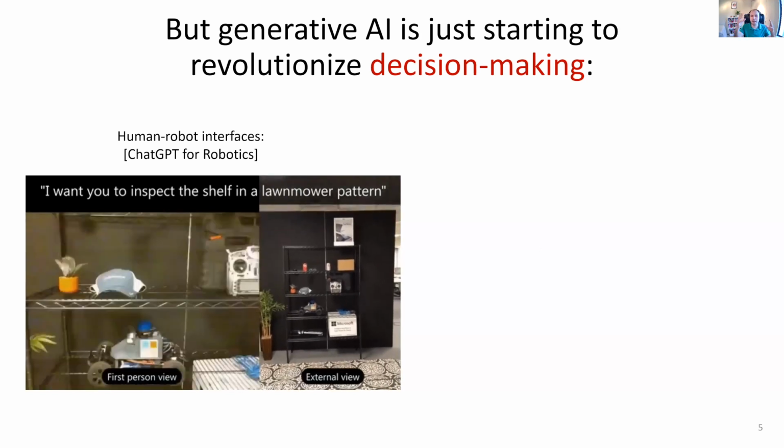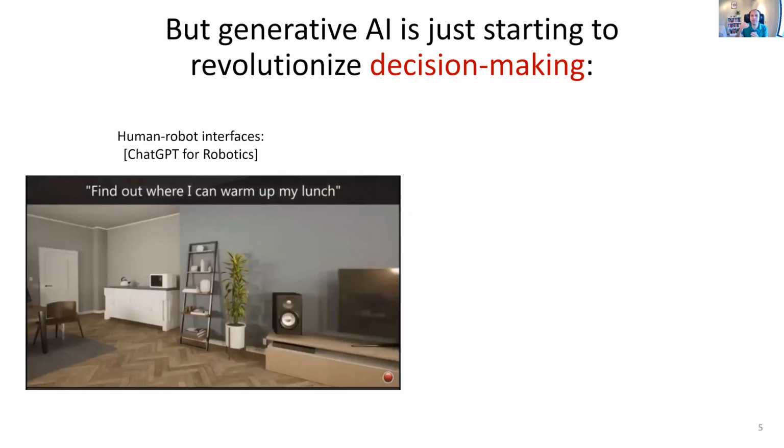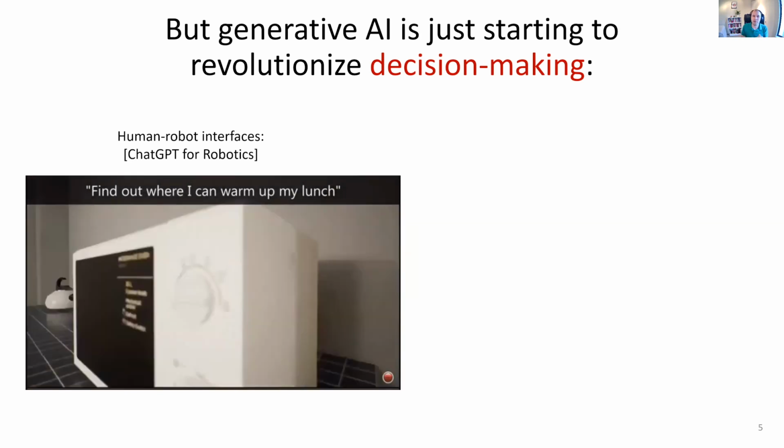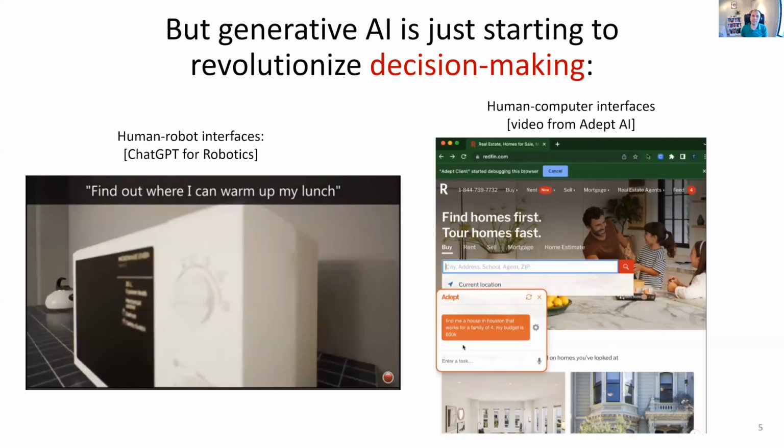Now, if you have some high-level objective, maybe it's not decomposable into a single output. If you want to warm up your lunch, there are multiple things that have to happen in sequence for you to accomplish your objective. It's not a zero-shot generation. A video that I really like is from this company called Adept AI.